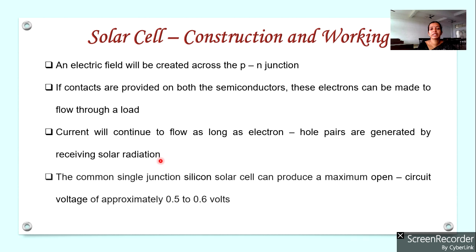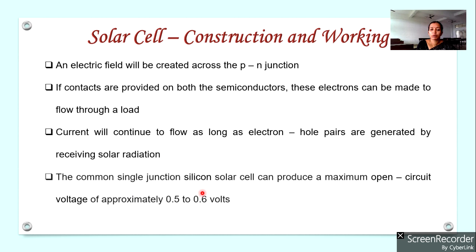When electrons move away from the bond, there will be a deficiency of electron, that is, a hole is formed. So as more and more solar radiation is incident on the solar cell, more electron hole pairs are generated, thus conduction increases and output from the solar cell increases.